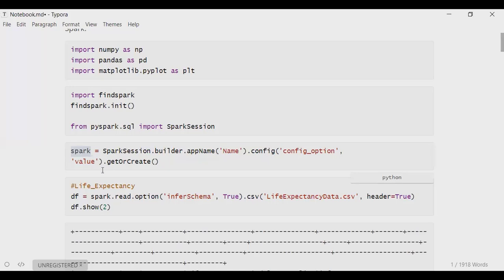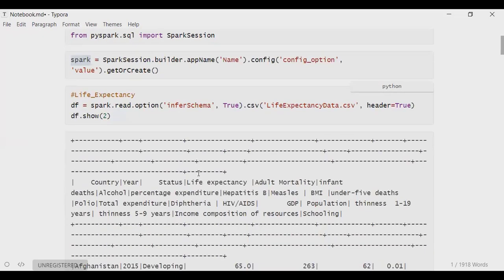Now what I want to do here is take one data set, a data frame called life expectancy. I'll just show it here.